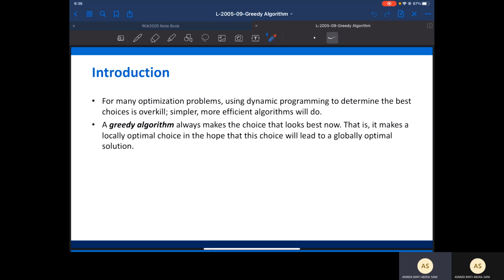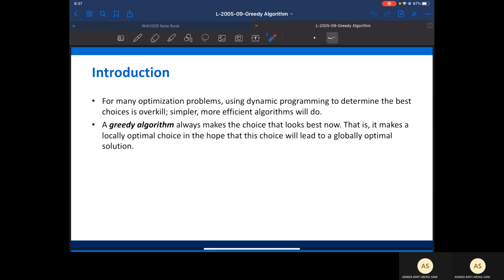But sometimes you need to use the greedy algorithm because it is a much simpler algorithm to use. Because for an optimization problem, dynamic programming will normally be a better choice for you to get the most optimal solution.